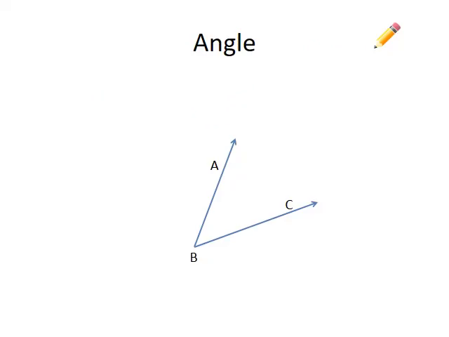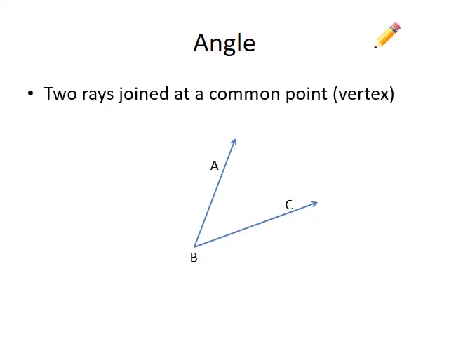Speaking of angles, our next word is angle, and an angle is two rays joined at a common point, which is called the vertex. So in our diagram here, our vertex or our common point is this B, and then how we can read this angle is one of three ways. So here we see the first way is we can say angle ABC, and you'll notice that this little half crooked L symbol means angle.